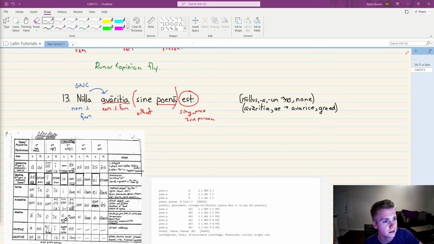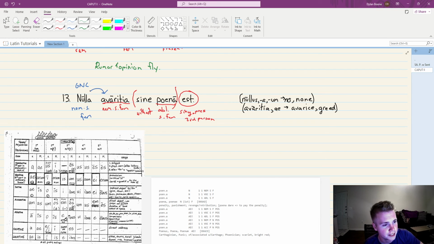So the difference here is poena has a macron on the end of it. And so that actually does make a difference. If you look in your declension chart there on the bottom left, you'll see that the macron form shows that you will be ablative instead of nominative, which is good because sine takes an ablative object. So we see that's ablative singular feminine. So we know that this does go together. So that's just a check, right? We had a feeling, but there's our check.